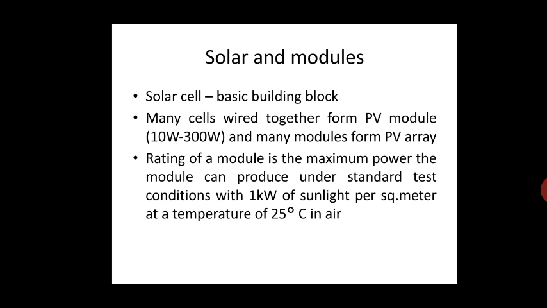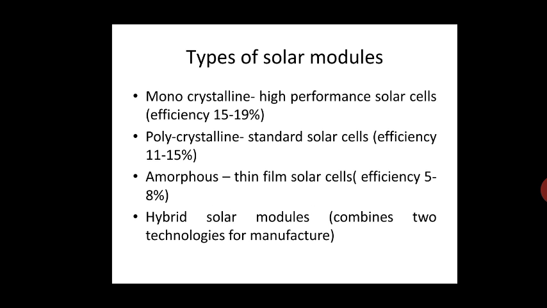Okay, so this is about solar modules. The types of solar modules are monocrystalline, which are high performance solar cells with an efficiency of 15 to 20%, and polycrystalline, which are standard solar cells with an efficiency ranging from 11 to 15%. Amorphous thin film solar cells have an efficiency of 5 to 8%.